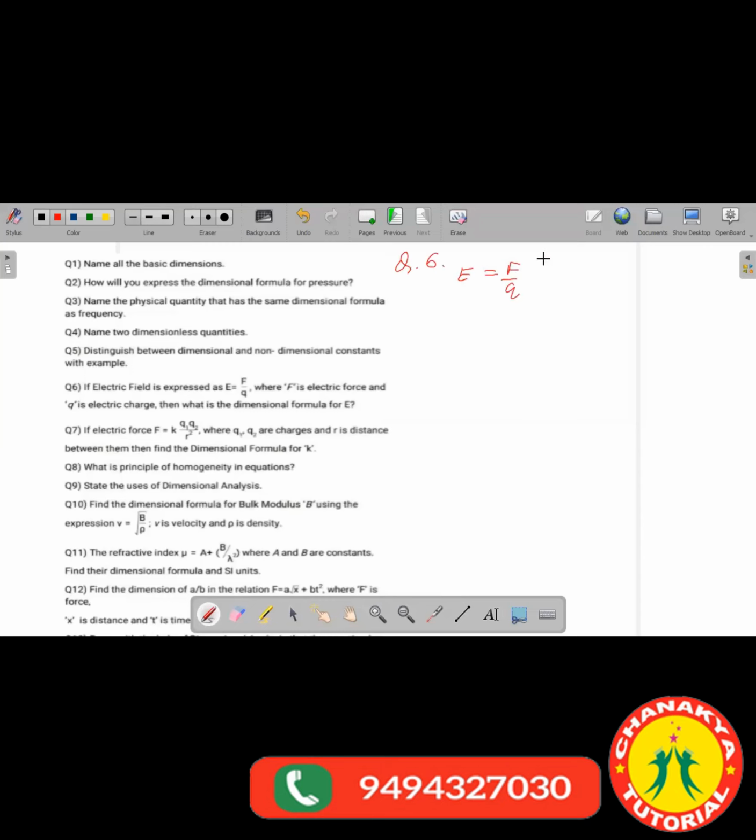Now, the dimensions of force we know, but we do not know the dimensions of charge. We can find out the dimensions of charge from the formula of current, as we know I equals Q by T. So I multiplied by T will be equal to Q. Why are we using this? Because current is one of the fundamental quantities. Time is also a fundamental quantity, whereas charge is not a fundamental physical quantity.